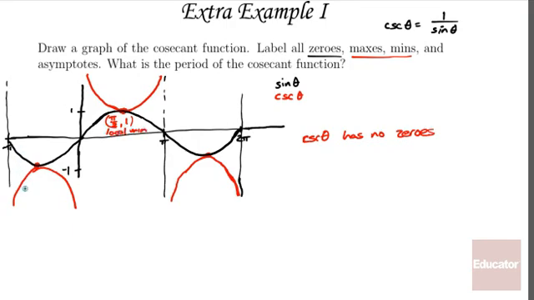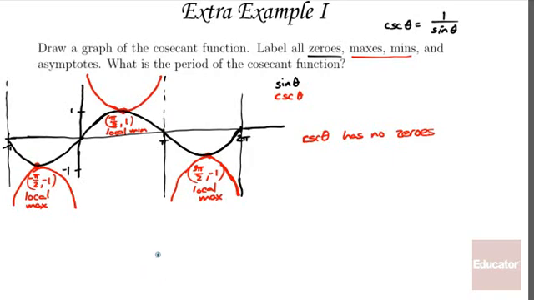And then we have local maxes at negative pi over 2 and -1, that's a local max. And another one at 3 pi over 2, -1 is a local max. So we've got the maxes and mins.